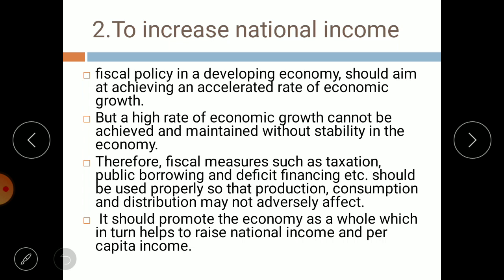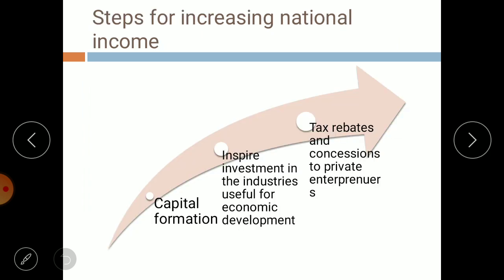It may happen that only one person's or one particular class's income will increase. In that case, there will be no favorable impact in the economy. But if per capita income increases, meaning everyone's income increases, then it is a beneficial situation for our economy. Now let us see what steps can be taken to increase the national income.